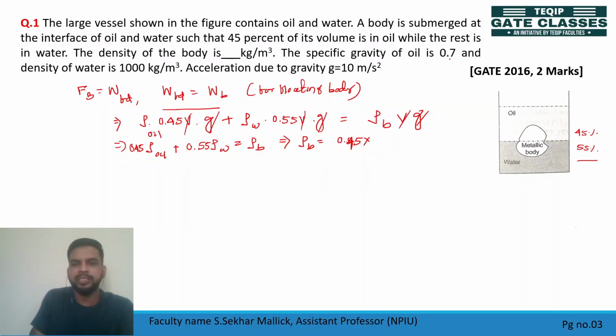Specific gravity is 0.7. Multiply by 1000, so you'll get 700. So this is 700 density. Then plus 0.55 into how much? 1000. Tell me the answer. Is it equal to 865 kg per meter cube? Check.